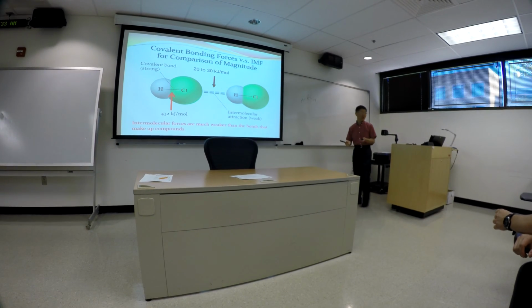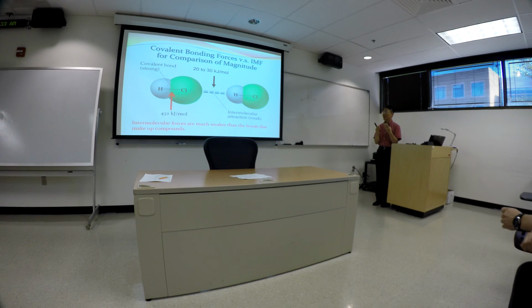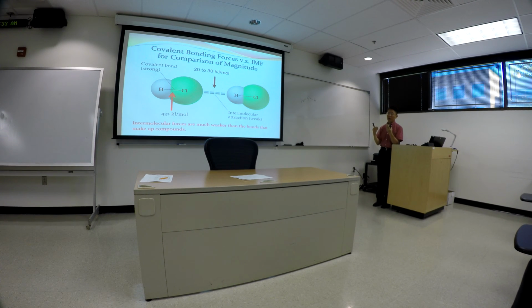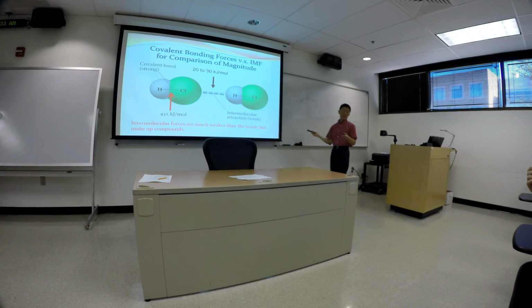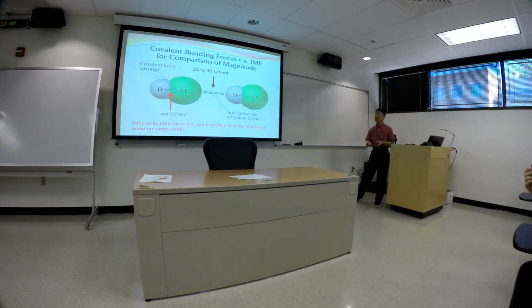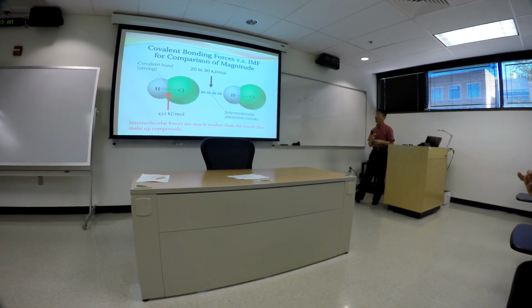Magnitude, about 20 to 30 kilojoules per mole. Compared to the chemical bond, that's about 20 times lower than the strength of the chemical bond. So intermolecular forces are much weaker than the bonds that make up the chemical. They're not chemical bonds. They're between the molecules. A chemical bond is something within the molecule.